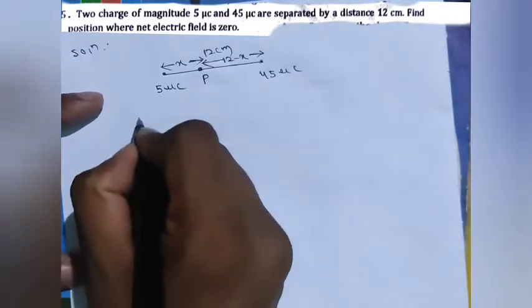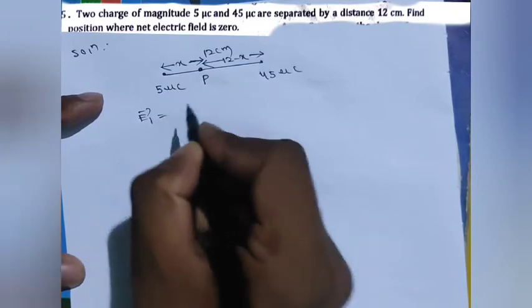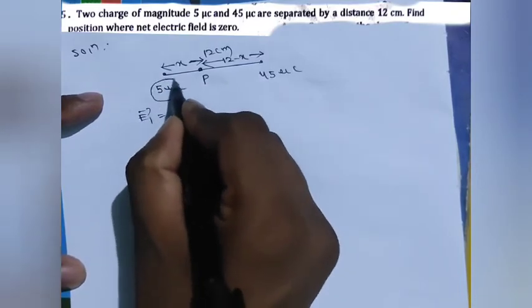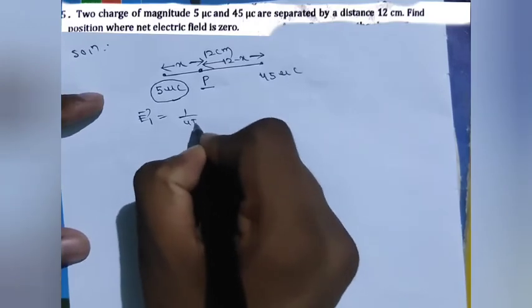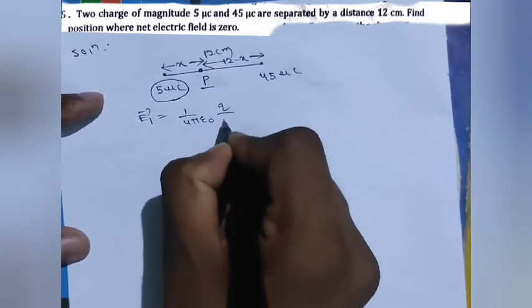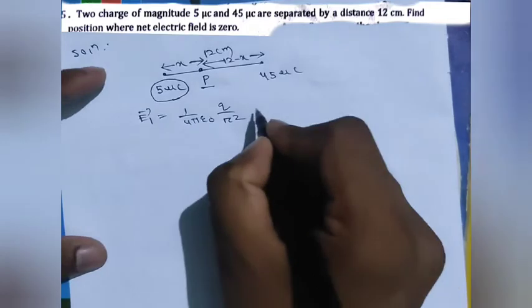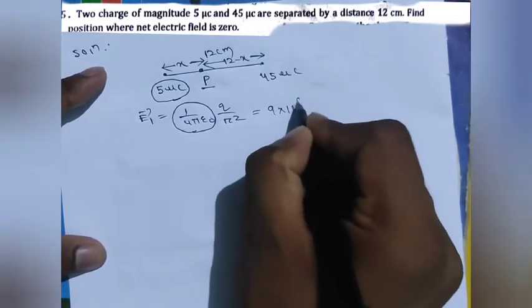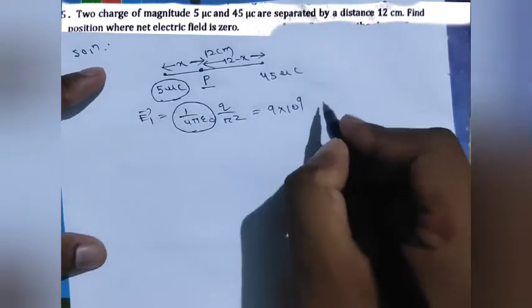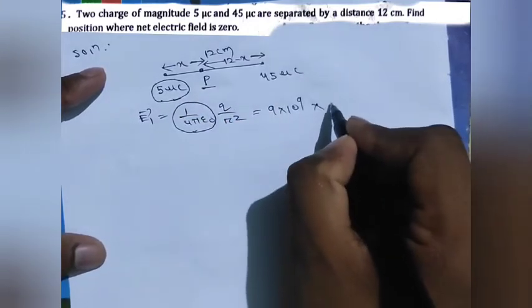So now I shall find electric field E1, that is the electric field due to this 5 microcoulomb charge at point P. So it's simply 1 by 4 pi epsilon 0, q by r square. So we know the value of 1 by 4 pi epsilon 0 is 9 into 10 to the power 9, and q is 5 microcoulomb, and 1 microcoulomb we know is 10 to the power minus 6 coulomb.